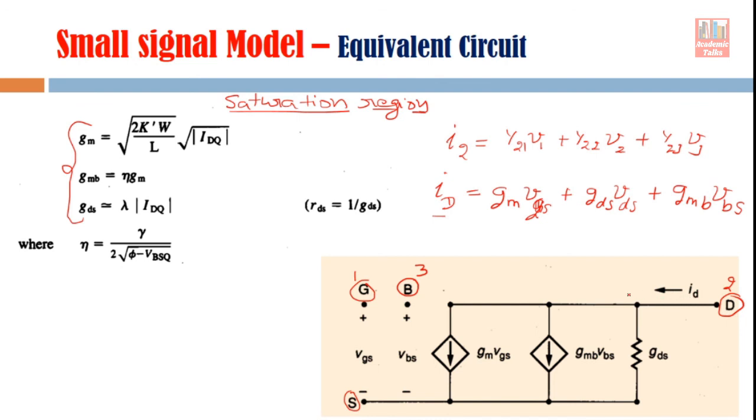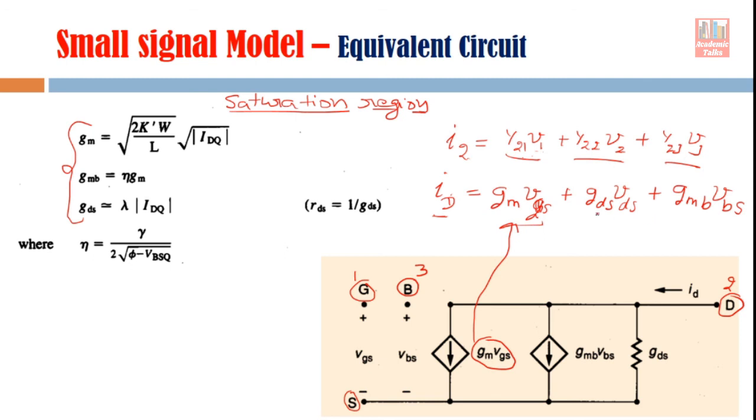In the second terminal there is current, and this current is contributed by these three components. You remember the drain current because of the gate voltage. Different terminal and different voltage means this is a type of current source, because voltage and current are at different terminals: drain current, gate voltage. So this component is shown here by this current source.